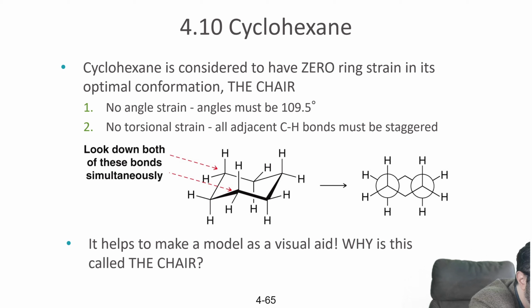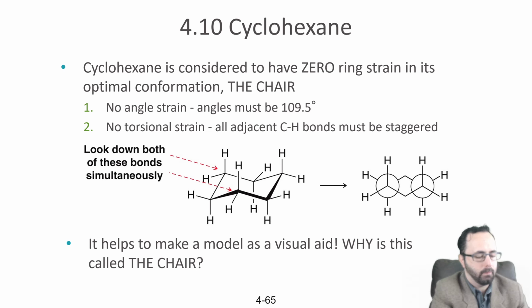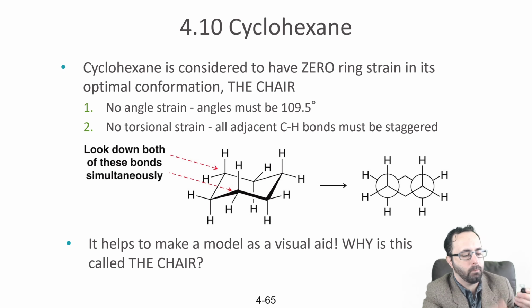It really helps to understand these positions a little more. And so I can build a 6-membered carbon ring, a cyclohexane, and there it is. So I've got one.